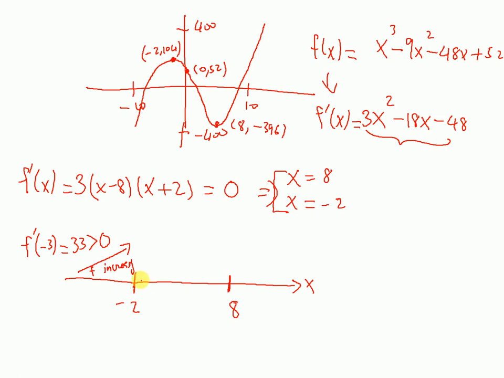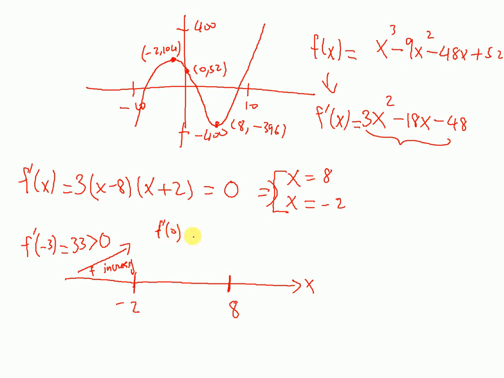Okay, now in the middle interval from -2 to 8, I pick another test point to see the sign of f prime. Now for easy, just pick 0, right? If I pick f prime of 0, what do I get?